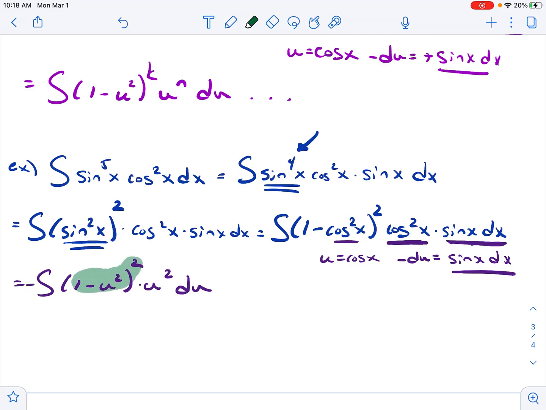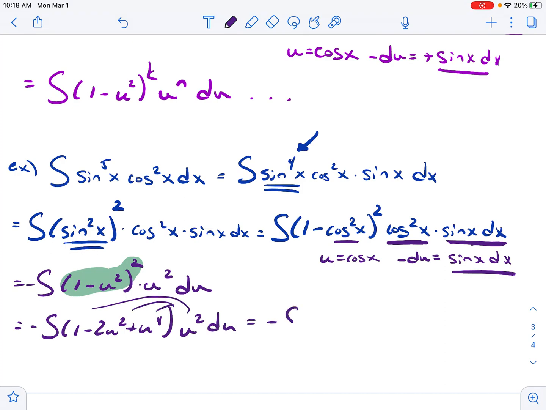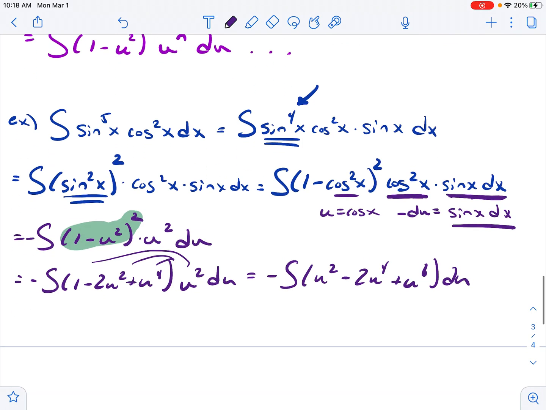I've got to FOIL this out first. I can now distribute the u squared through. Now I can integrate with respect to u, the negative of 1/3 u cubed minus 2/5 u to the 5th plus 1/7 u to the 7th plus c.